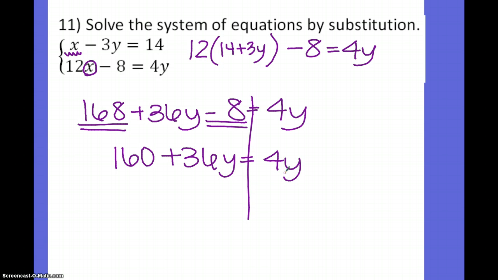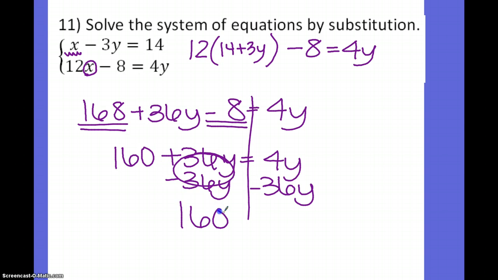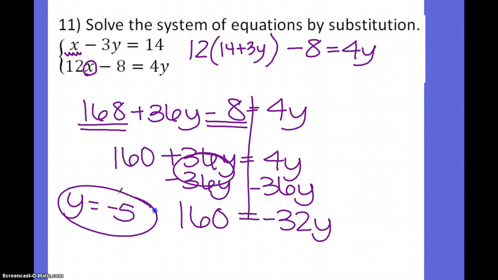I want to get my y's on the same side of the street, so it would be better to leave 160 alone and move the 36y over, so that 160 is all by itself and you have negative 32y on the other side. If you divide out negative 32, y is going to be negative 5. Then we plug it back in, and it doesn't matter again where you plug it back in.